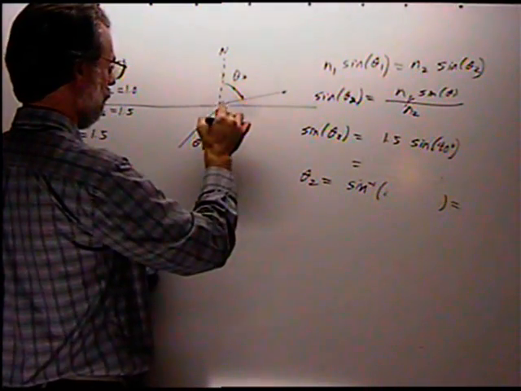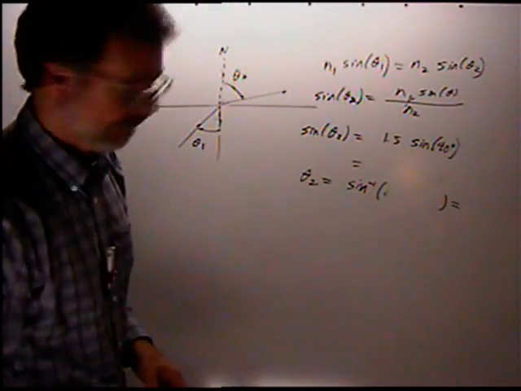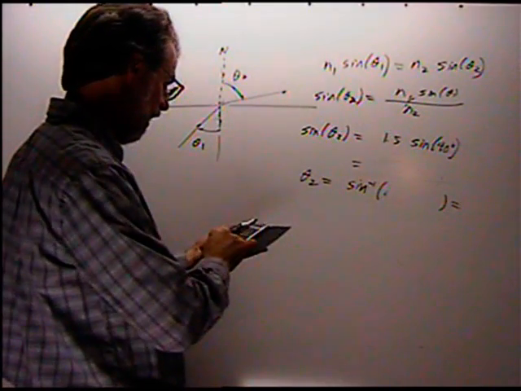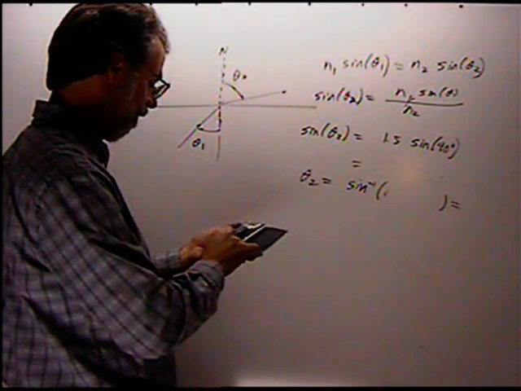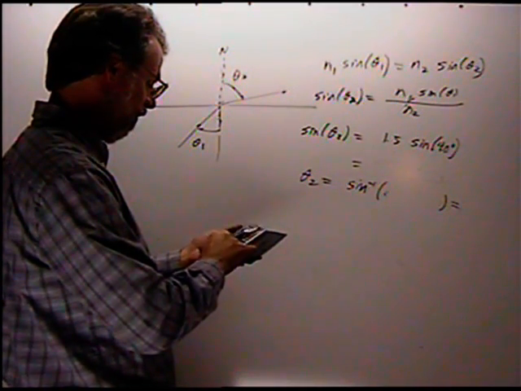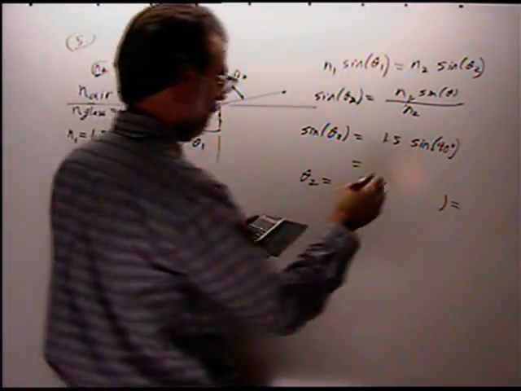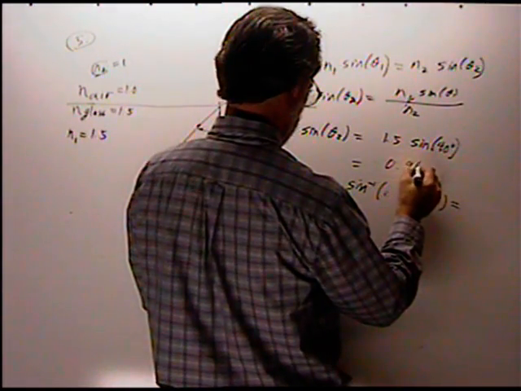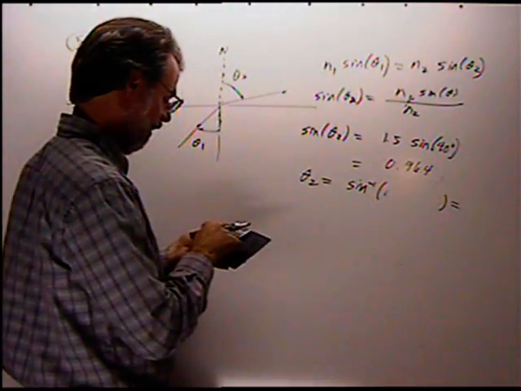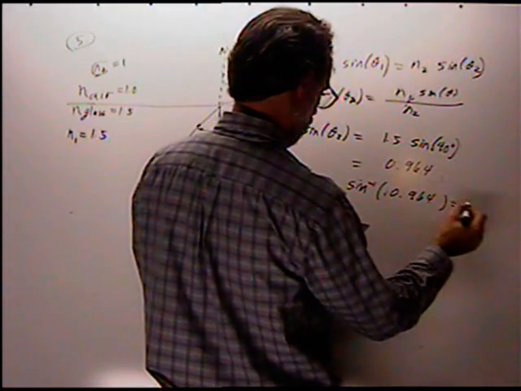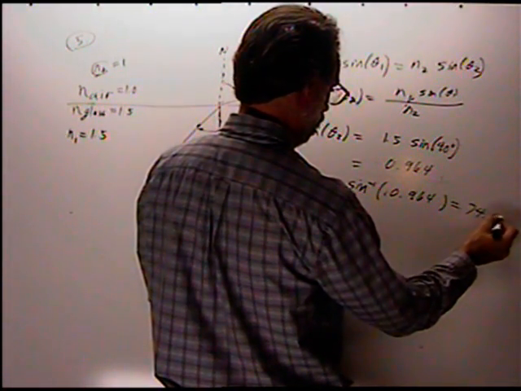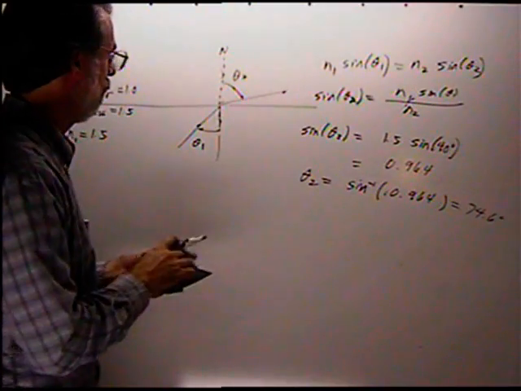Sine of 40 degrees times 1.5 is 0.964. I take the inverse sine of that, and I get 74.6 degrees. So a pretty steep angle.